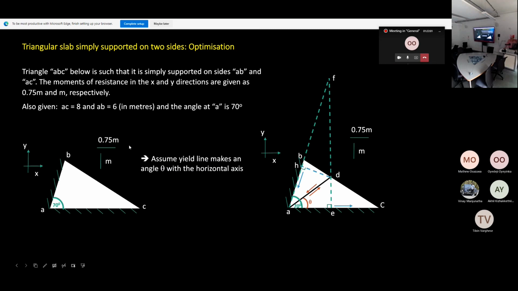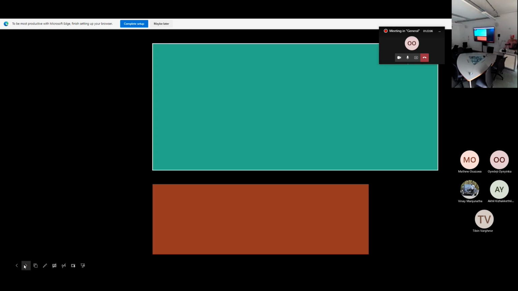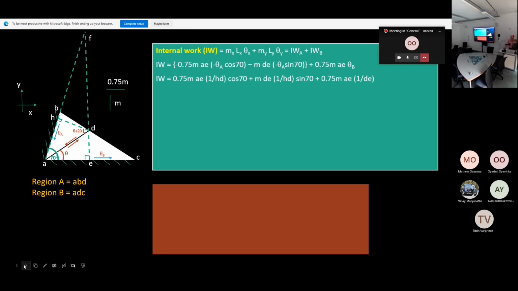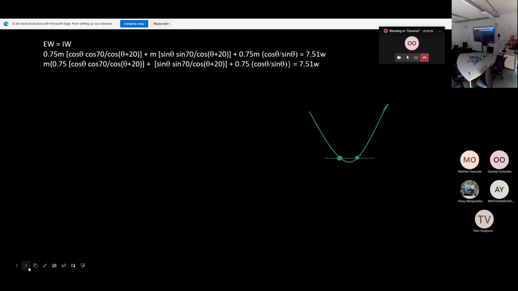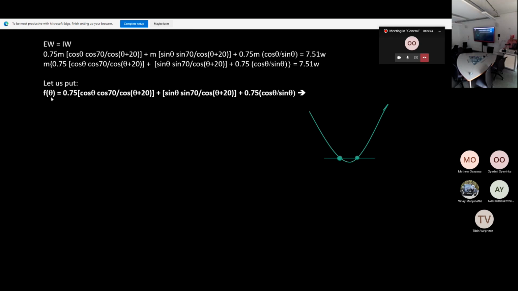If this is m and this is m, so you have the same moment resistance in both directions, you will find that this expression here will simplify enormously, because you haven't got 0.75 anymore, because you've got m in both directions. Because of that, it does simplify, and manipulating the trigonometric equations here will become simpler, and therefore you can use an optimum solution.